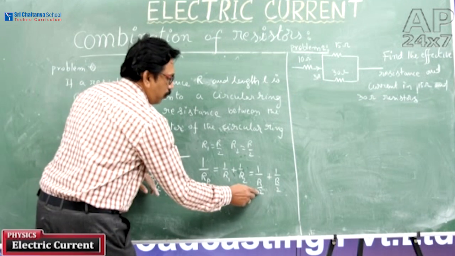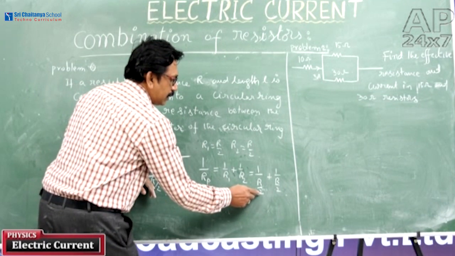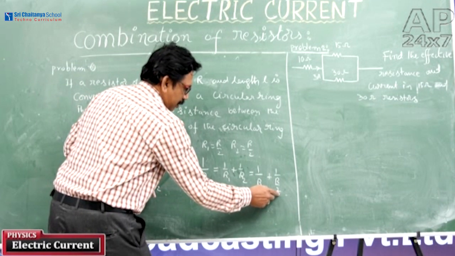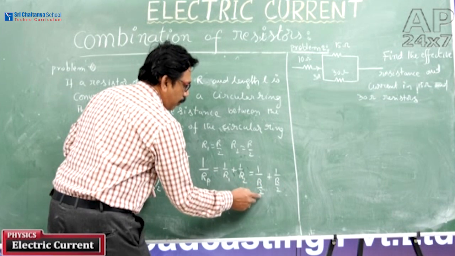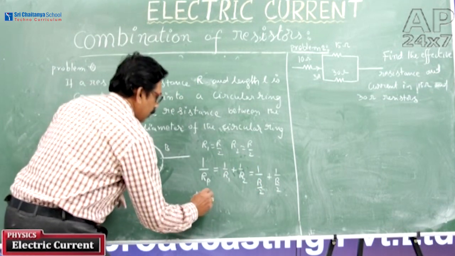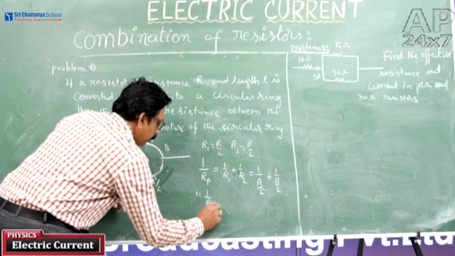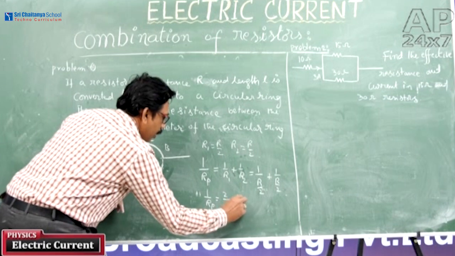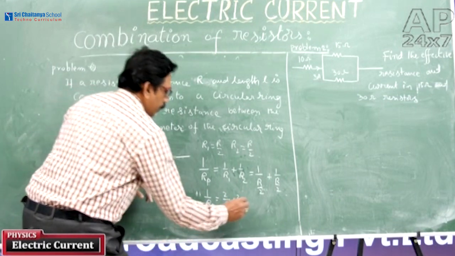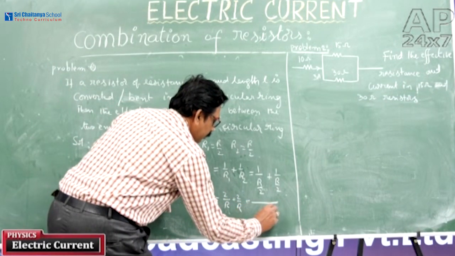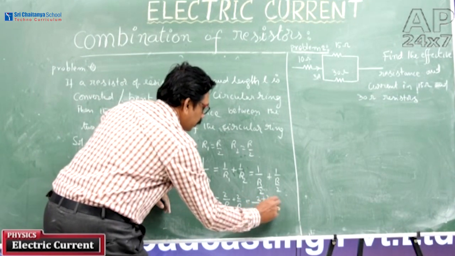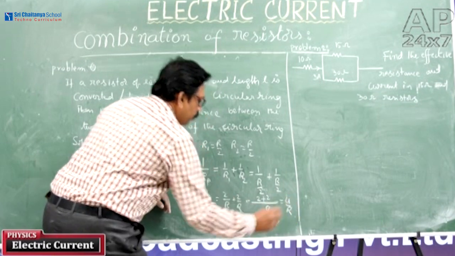The denominator of the denominator will become the numerator. Now I am writing it like this: 1 by Rp is equal to 2 by R plus 2 by R. What is the LCM? R. So it is 2 plus 2, equal to 4 by R.